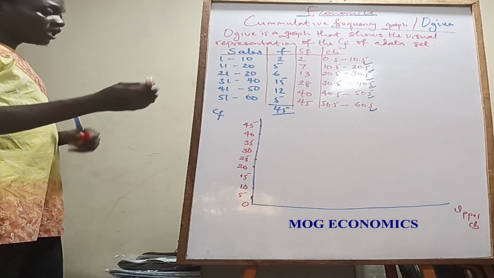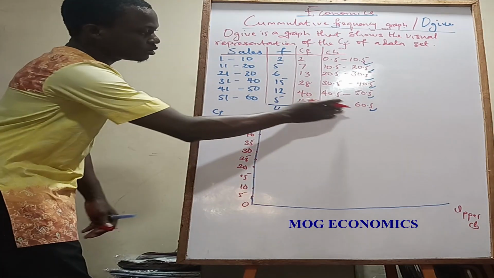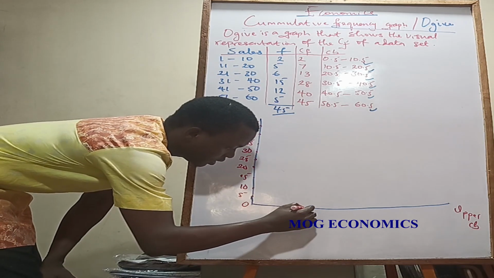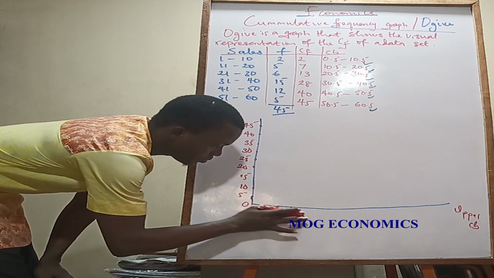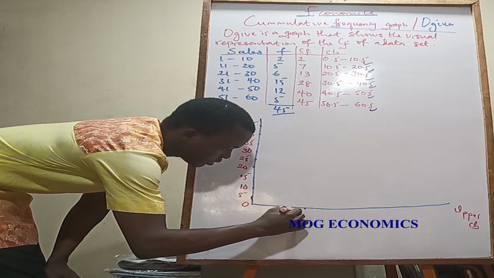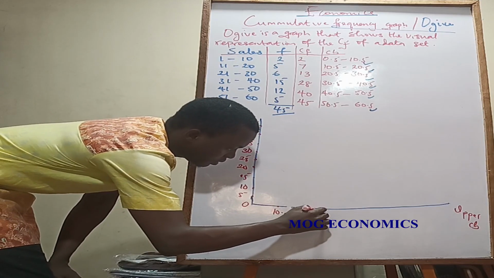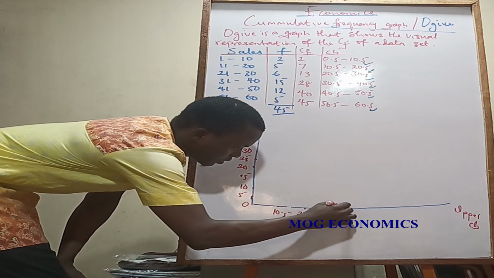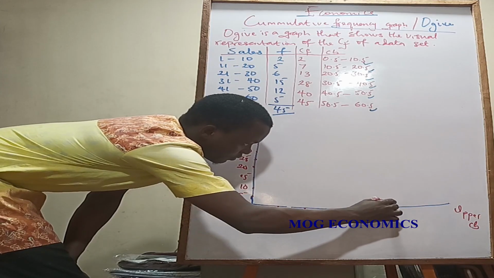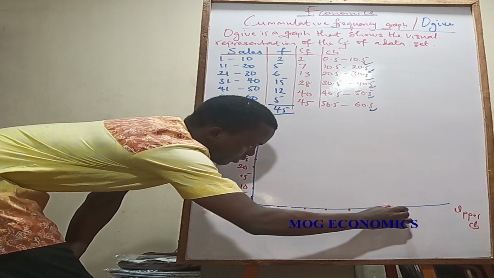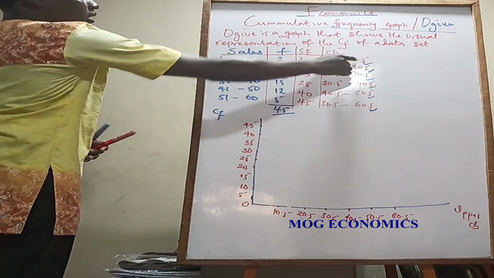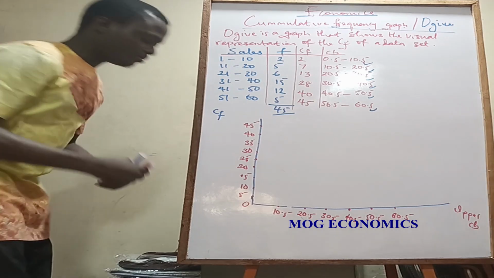Normally we use 10.5, 20.5, 30.5, 40.5, 50.5, and 60.5. At the upper class boundary of 10.5, the cumulative frequency is 2.